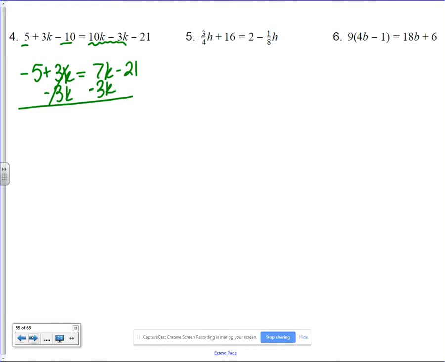So what's the new equation? Good. Couple more steps yet, sir. What are we going to do next? What's the new equation?